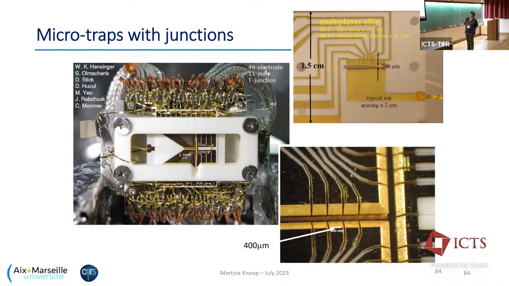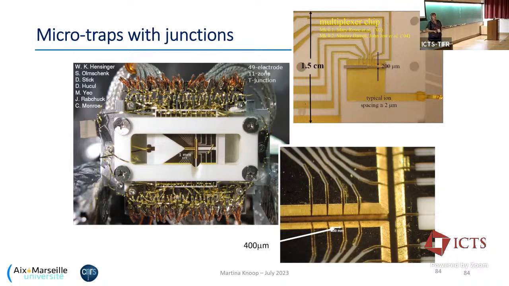So you see the different electrodes here. The ions can sit in between there. They can be shuttled around. There is a large body of work by people on transporting ions without heating them. Because normally if you transport something, you put some energy in there in order to push the ion to a certain place, and the ion can pick up that energy.